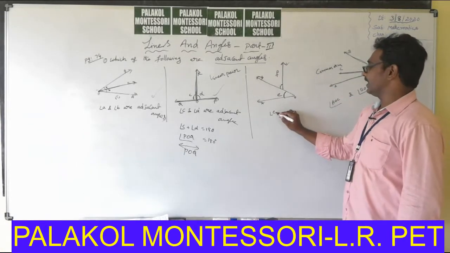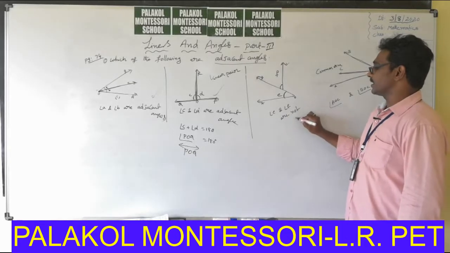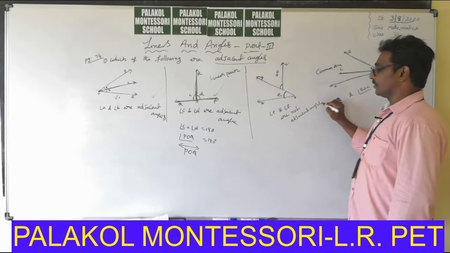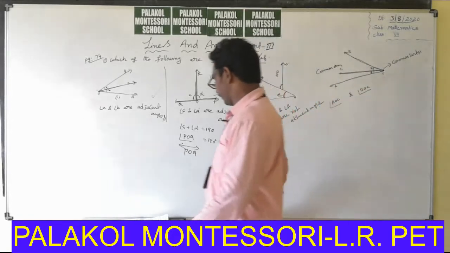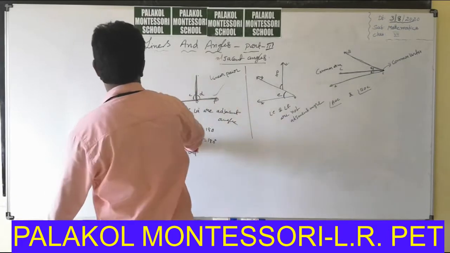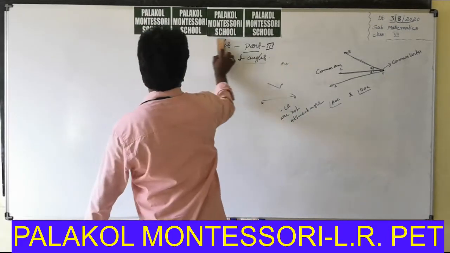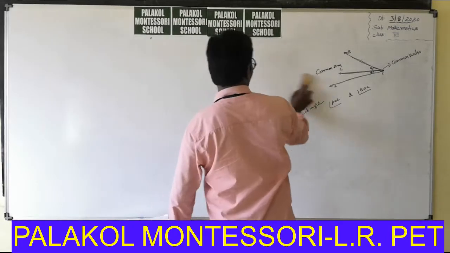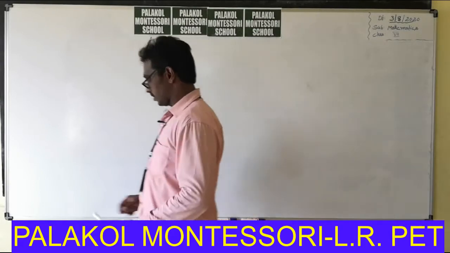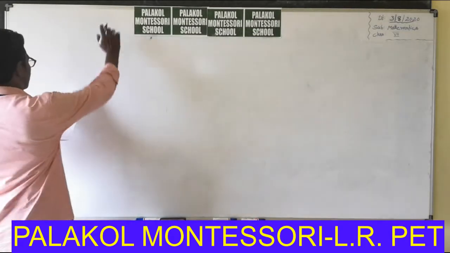So angle E and angle F are not adjacent angles. Okay guys? Okay. Right, Exercise 4, I completed one sum.